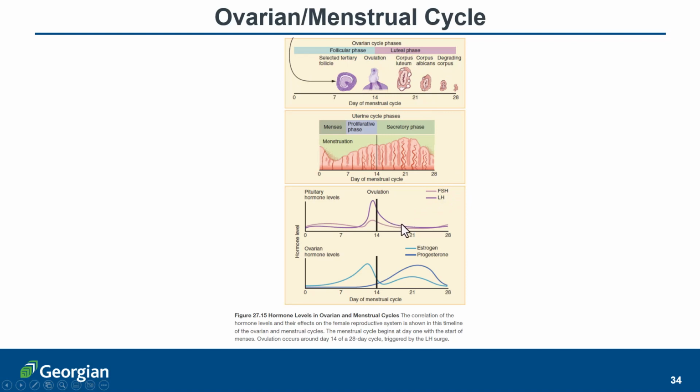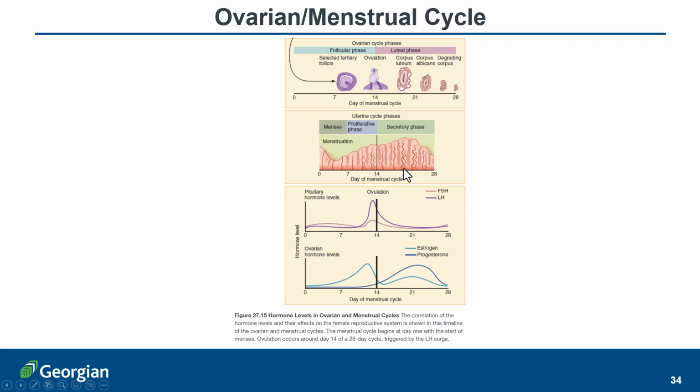If fertilization doesn't occur, then the corpus luteum, which is now secreting progesterone, remember, maintains the thickened endometrial layer. It thickens it further and also helps to maintain it. Progesterone is really a pregnancy hormone, so progesterone has to be there in order to maintain the thickened endometrial layer. But if no fertilization occurs, the corpus luteum degenerates to the corpus albicans, progesterone levels fall off, and that is the trigger for the start of menstruation.